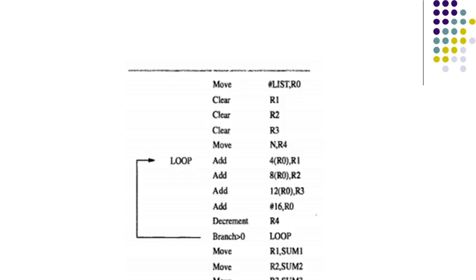Okay, so in general, the index mode facilitates access to an operand whose location is defined relative to a reference point within the data structure in which the operands appear.